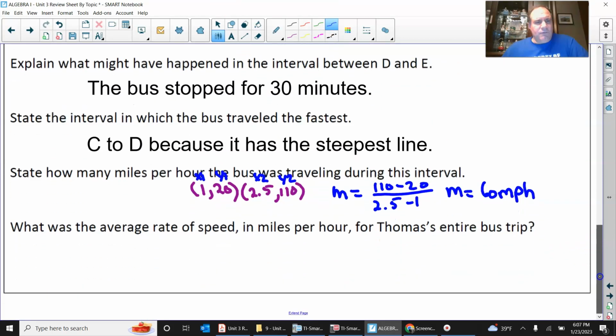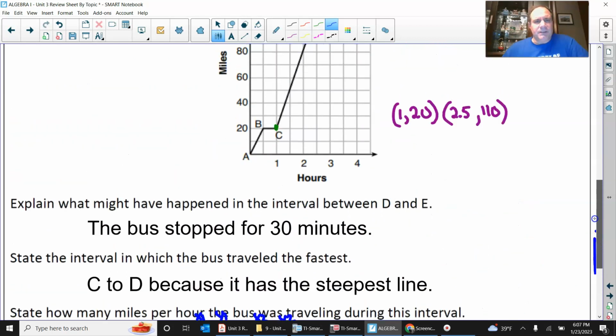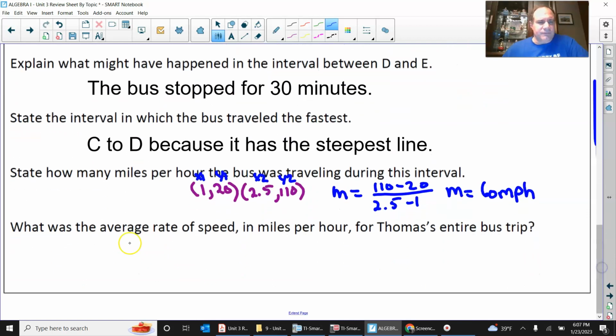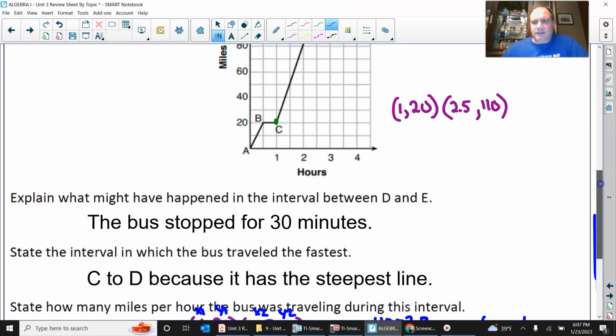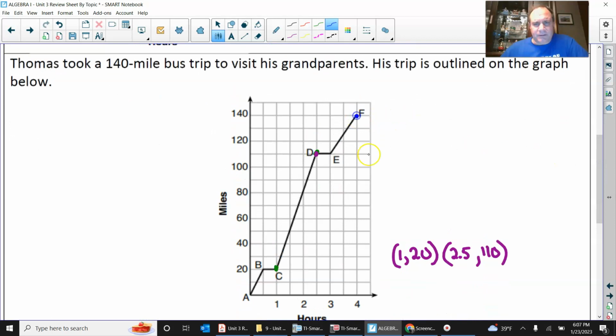Great. And one more. What is the average rate of speed in miles per hour for Thomas's entire bus trip? Entire. So we're going to start from 0, 0. And we're going to go to the last point, which is F, which is 4, 140.